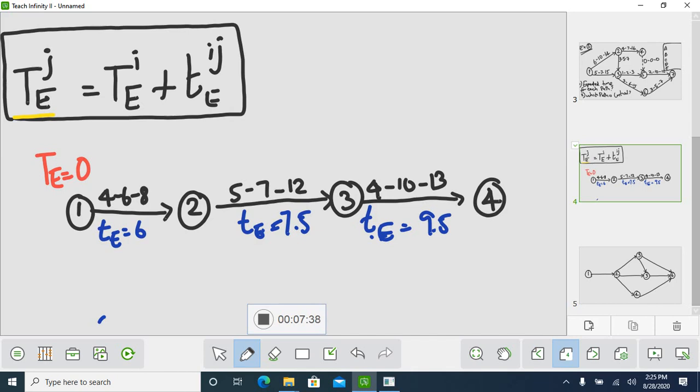Next we will do it for 2. What is your TE? You will calculate using the formula.